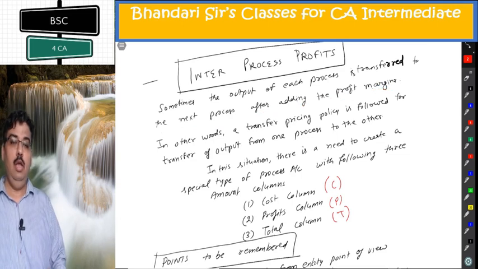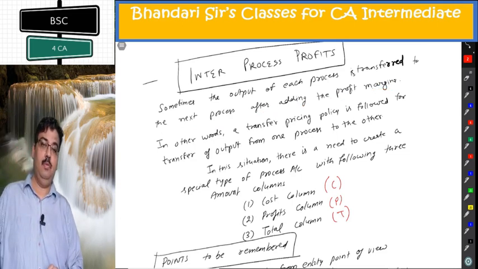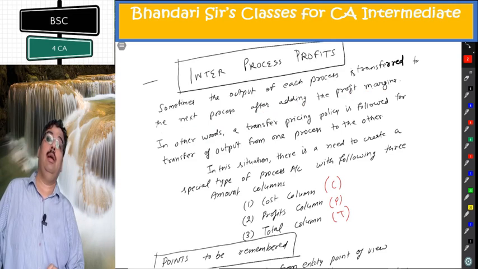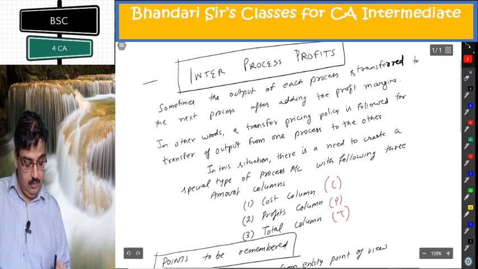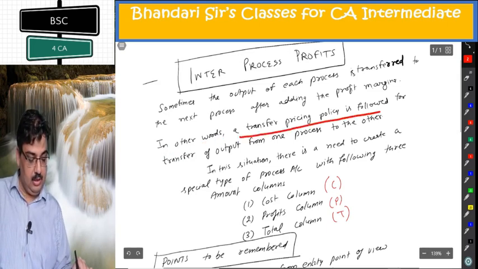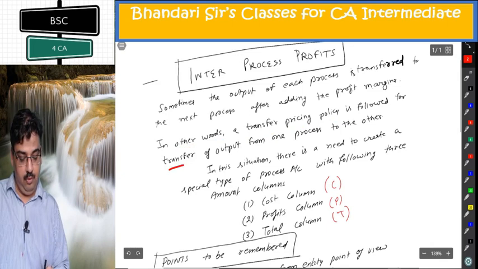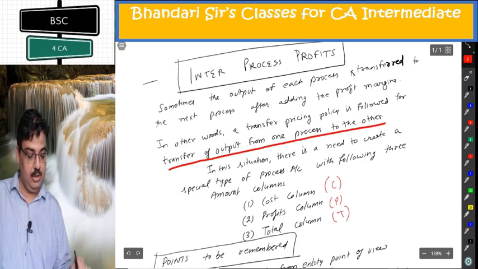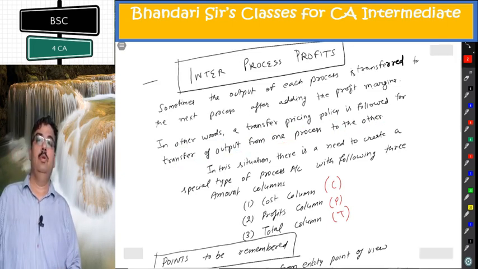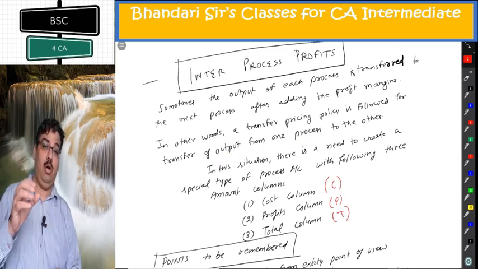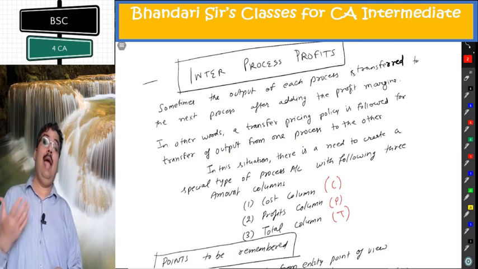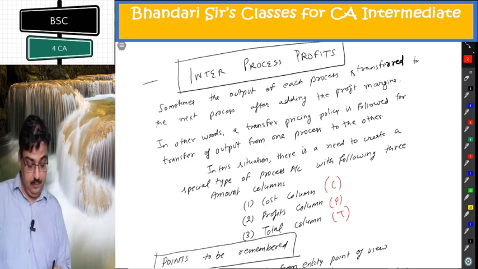Means in each process we are putting on credit side some transfer price. In other words, a transfer pricing policy is followed for transfer of output from one process to the other. The process is not sending its product to the next process at cost but at some profit. It is sending at some transfer price.